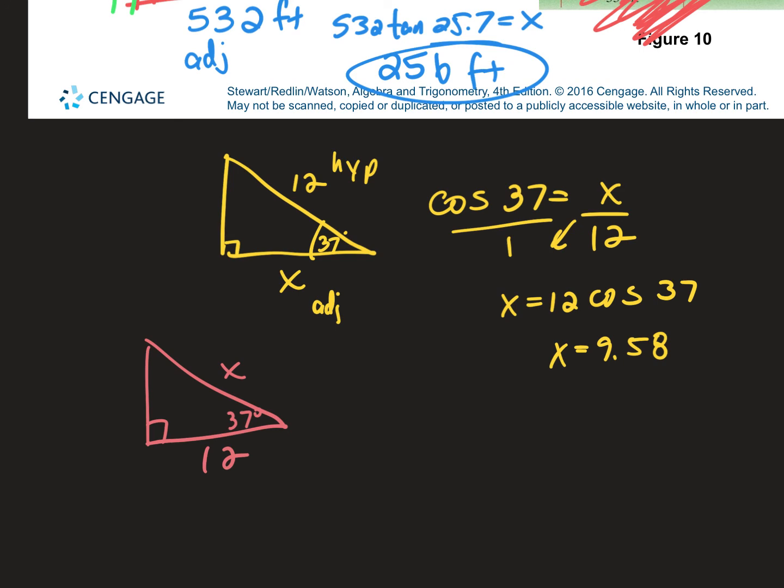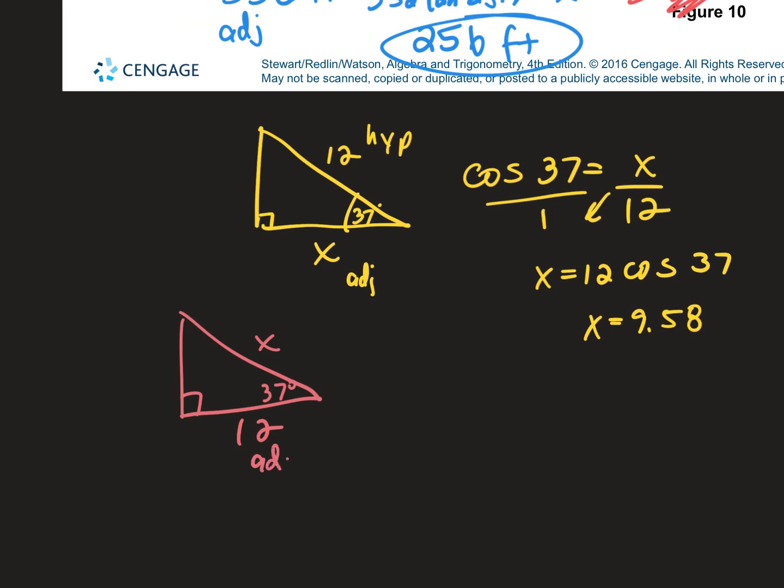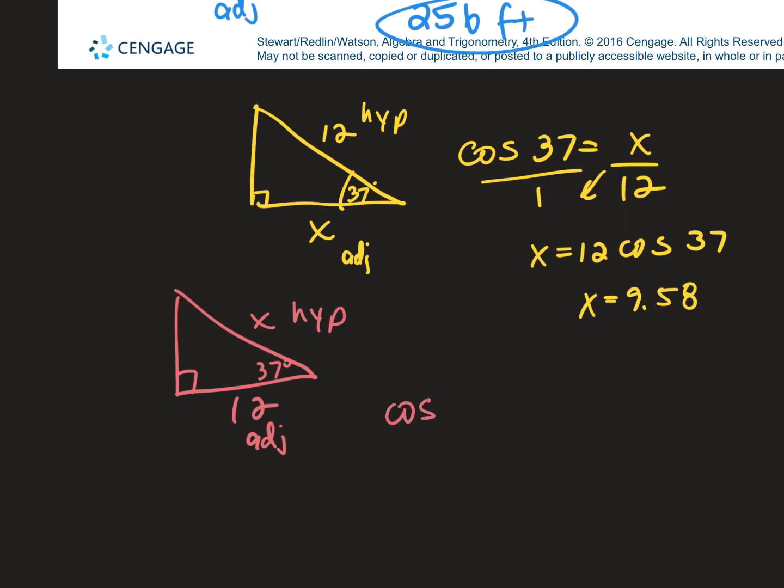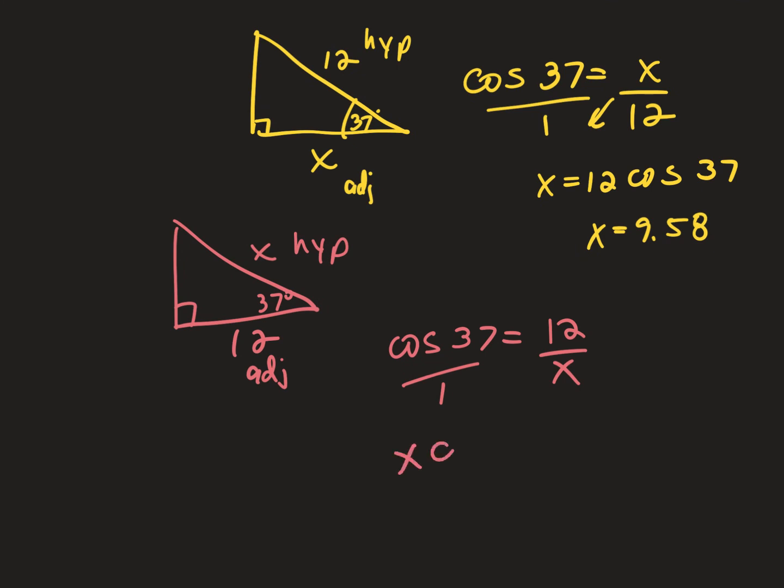What is 12 here? Adjacent, right? What is x? Your hypotenuse. How do I set this up? Cosine 37 equals 12 over x. Am I going to get the same answer here? No. Do we still do the problem the same way? Yes. Cross multiply. You get x times the cosine of 37 equals 12.